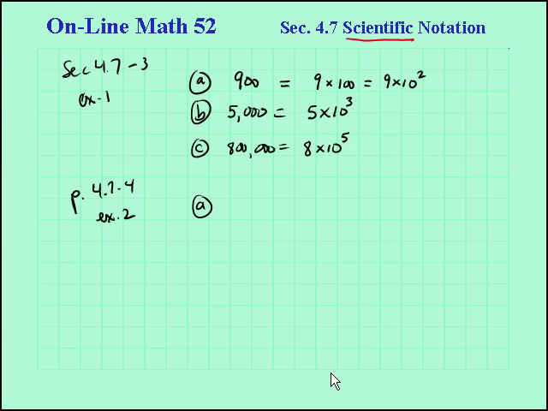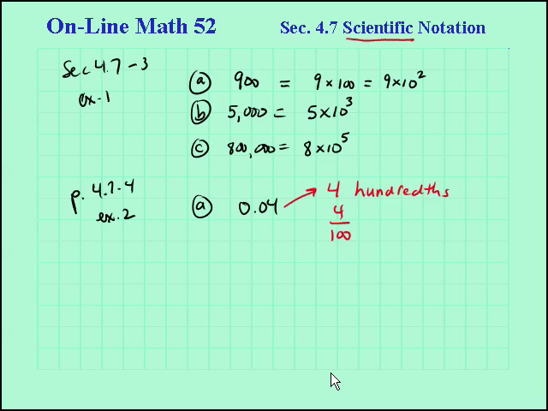So when I see 0.04, there are a number of ways I can think of this. But one of the best to start with is that this is 4 hundredths, or 4 over 100.